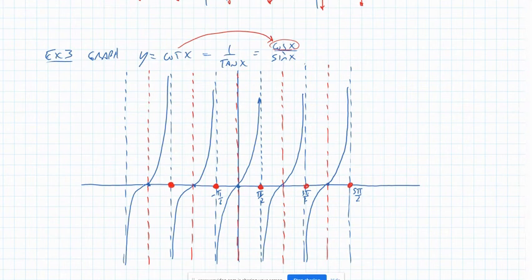And so let's look at what happens when I plug in a number that's getting closer and closer to pi. So this quotient, when I get closer and closer to pi, cosine is going to be approaching -1, sine is going to be approaching 0.